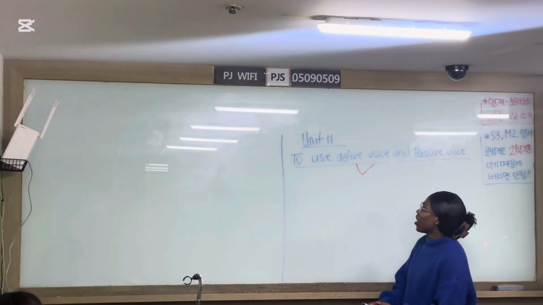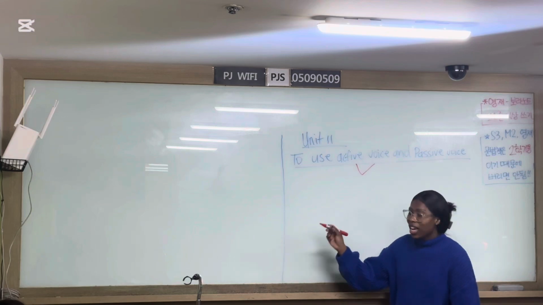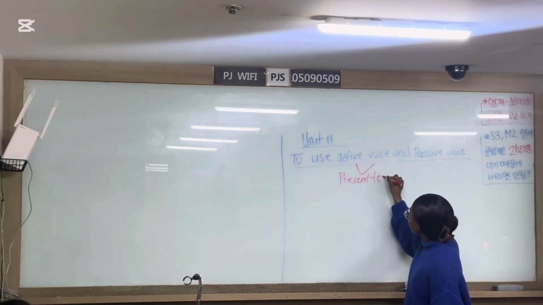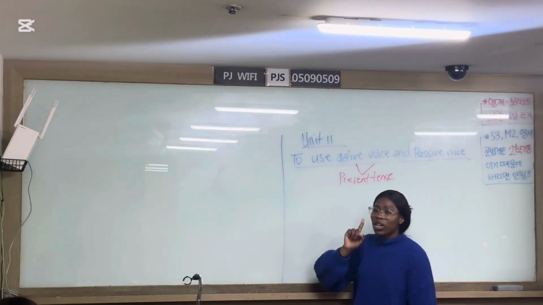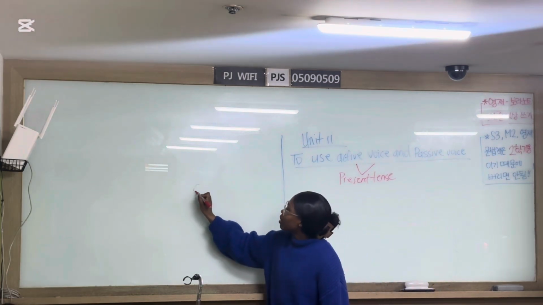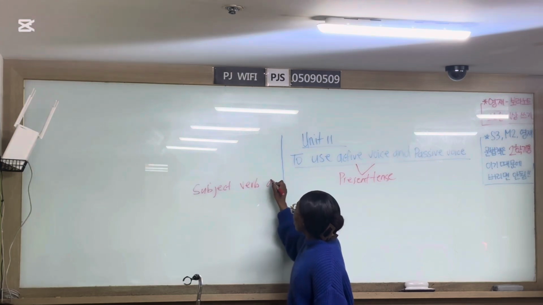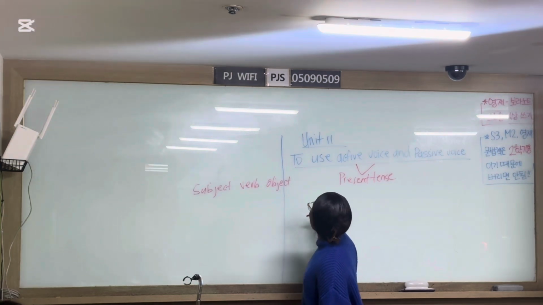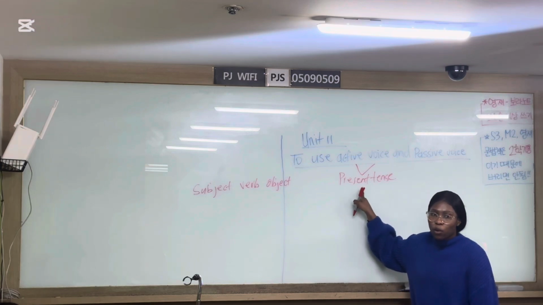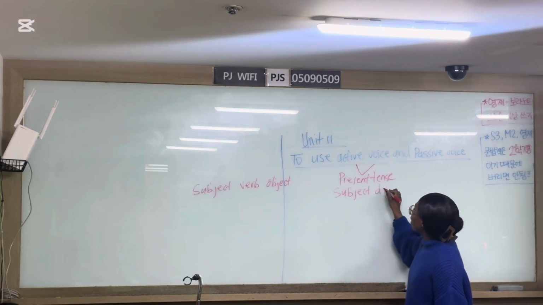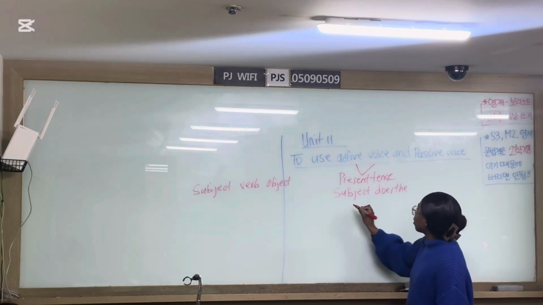Okay, active voice is a part of speech that uses present tense. Also remember, our sentence structure is subject followed by verb and object. So in the active voice, the subject does the action.